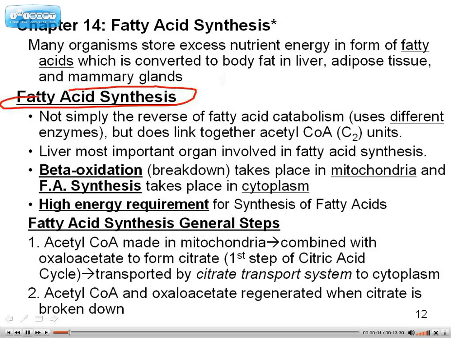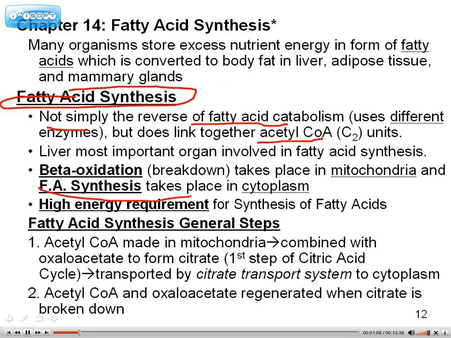So in synthesizing our fatty acids, you need the proper enzymes, but it's not simply the reverse of the fatty acid enzymes used in metabolism. They use different enzymes, although they essentially do link together acetyl groups from acetyl coenzyme A to form the desired fatty acid.